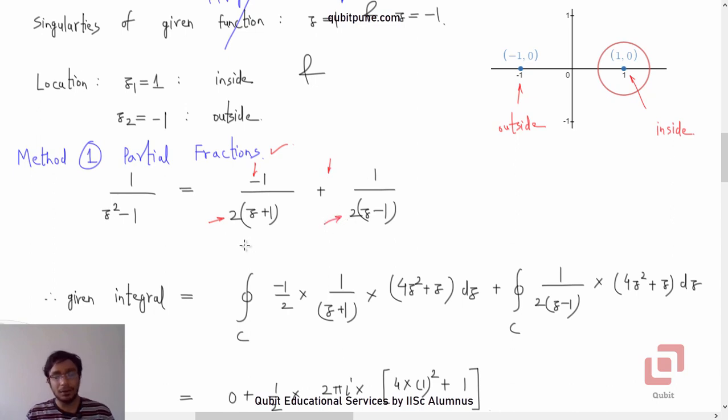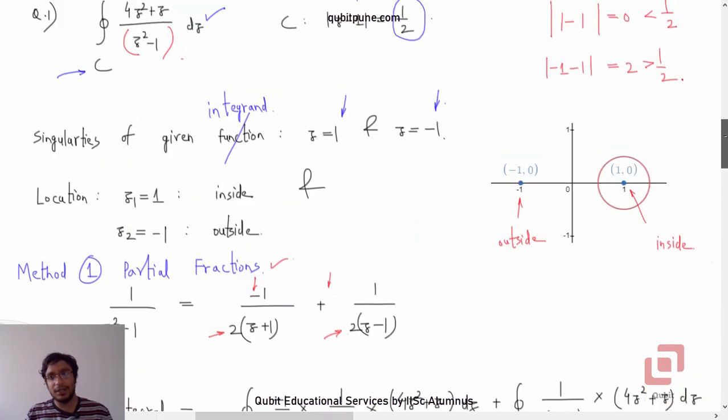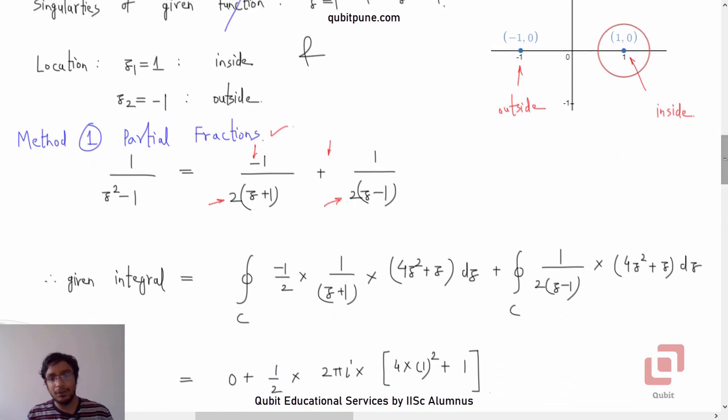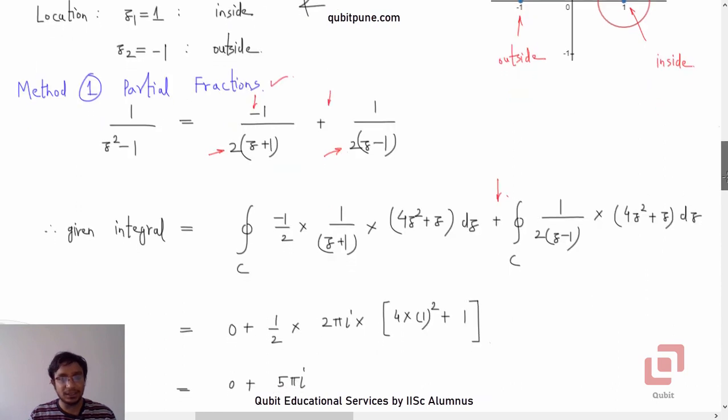Let's not forget that we have a function in the numerator as well, 4z squared plus z. So now I'll use the linearity property, and I will split the integrand with different denominators. The first integrand will be 4z squared plus z upon z plus 1 into minus 1 upon 2. As far as this integrand is concerned, the value of the integral is equal to 0 because of the Cauchy's integral theorem.